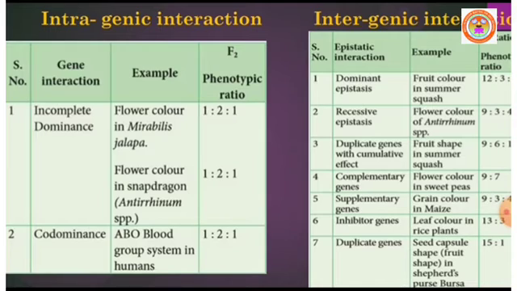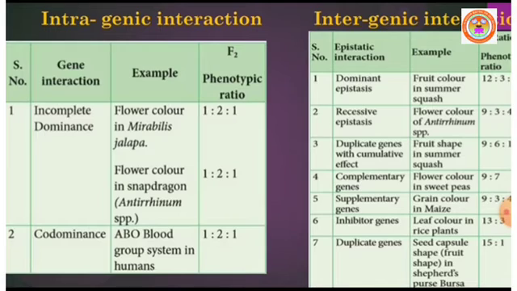It was first studied in the four o'clock plant, Mirabilis jalapa, in which flower colors are not dominant over one another. The ratio in the F2 generation is 1:2:1, and it was also studied in Snapdragon, Antirrhinum majus, with the same 1:2:1 ratio.